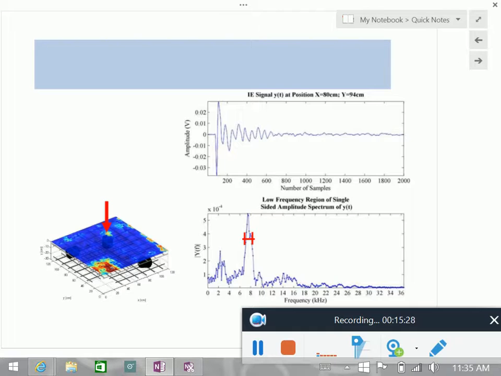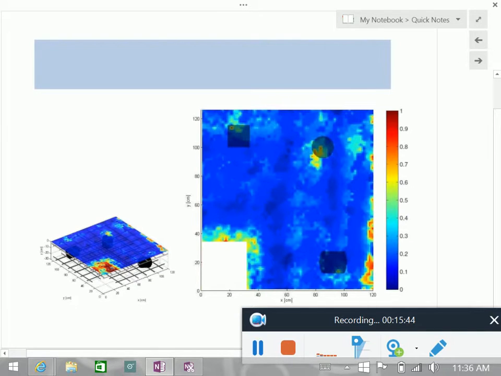Other people have used the widths of impact echo signals for freeze-thaw, ASR, DEF, different kinds of damage. This is the experience we had. If you plot the widths, you see that at the locations where you expect these honeycombs, you have wider peaks.